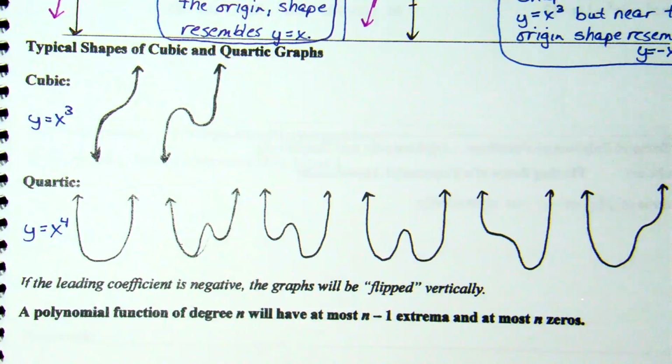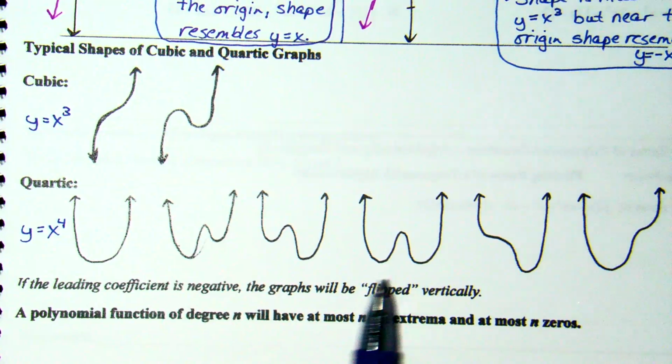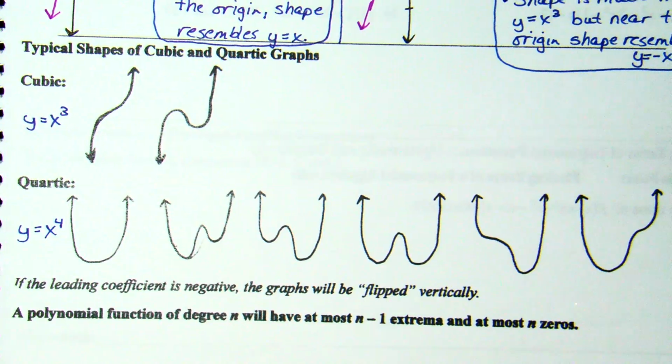Now, when you start adding in the other x terms, like the x cubed, x squared, and x, some of these other things happen, okay? It can kind of look like a W. It can look like lopsided W's. It can look more like this, where the middle of the W is kind of missing, but it still has that general shape. Those are all options, depending on what other terms are in your problem, of what a quartic graph might look like, okay?